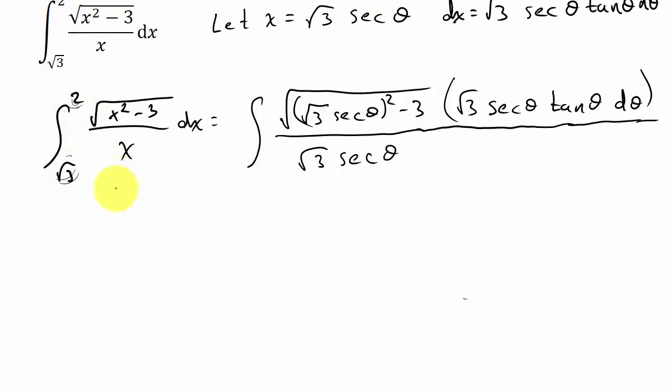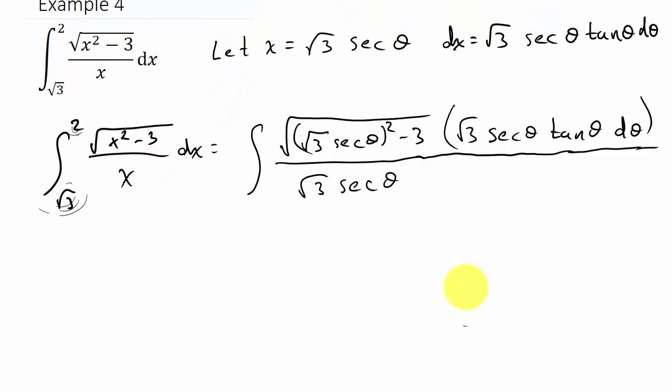So let's convert this one. We have square root of 3, and remember that's an x value. So I can come up here and take the square root of 3 and plug it in for x, and then I can solve for theta.